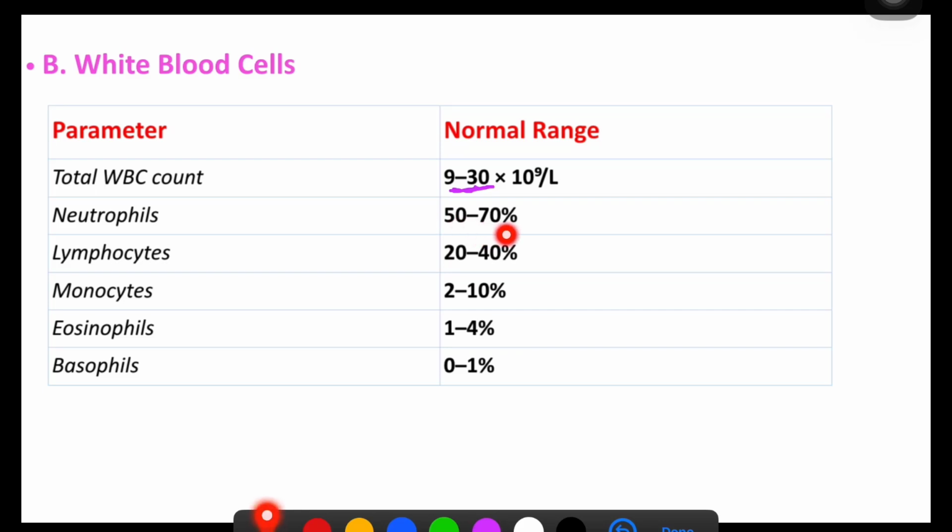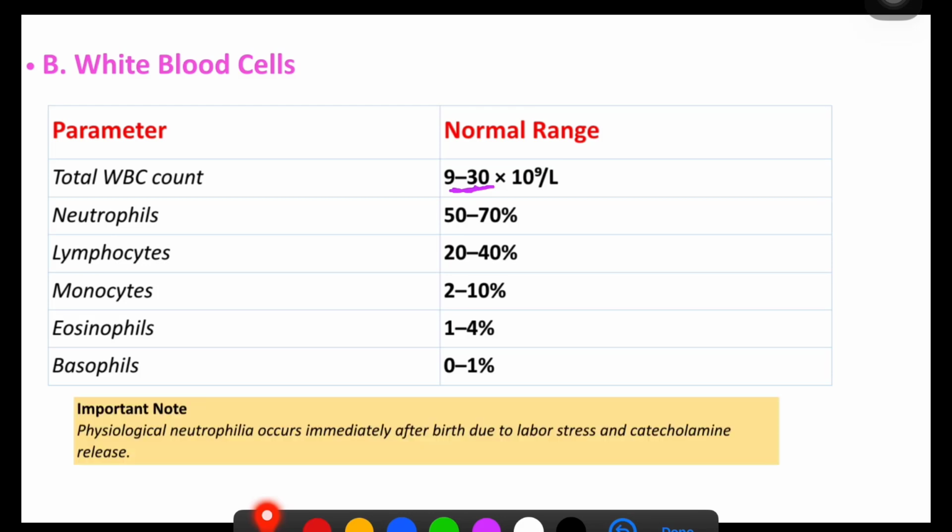Now, neutrophils 50 to 70%, lymphocytes 20 to 40%, monocytes 2 to 10%, eosinophils 1 to 4% and basophils 0 to 1%. So, physiological neutrophilia occurs immediately after birth due to labor stress and catecholamine release. So, this is the value you have to keep in mind when you evaluate the CBC of a newborn.